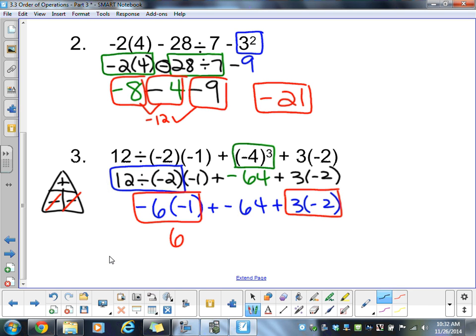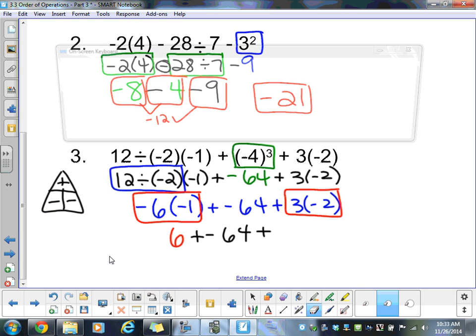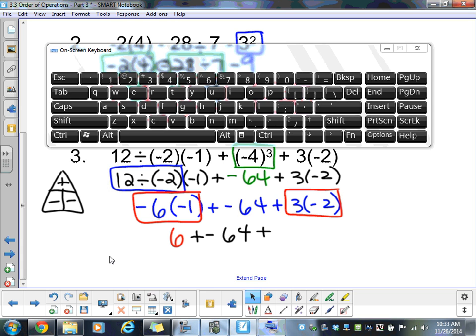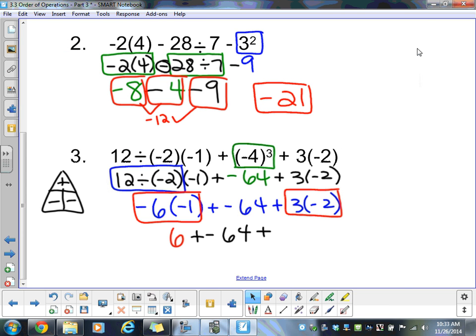And then I have my plus -64 plus. Now I have a +3 times a -2. Yikes. So I have a +3 times a -2. That's going to be a -6 in this case.